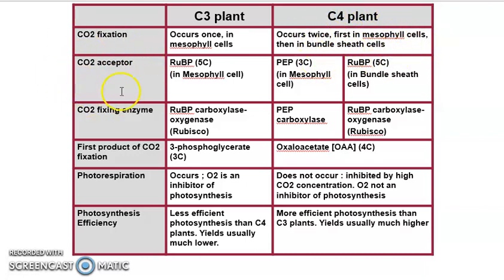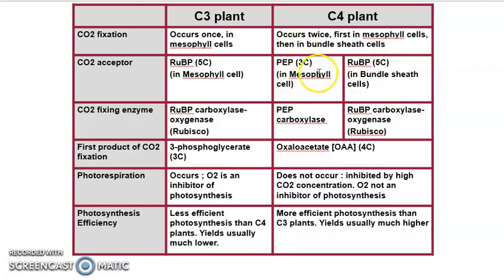Okay. And then for carbon dioxide acceptor, since carbon dioxide fixation for C3 plant only occurs once, maksudnya dia cuma akan ada satu sahaja carbon dioxide acceptor, which is RuBP ataupun ribulose bisphosphate. Why for C4 plants? Okay, since carbon dioxide fixation occurs twice, so maksudnya dia akan ada dua carbon dioxide acceptor.